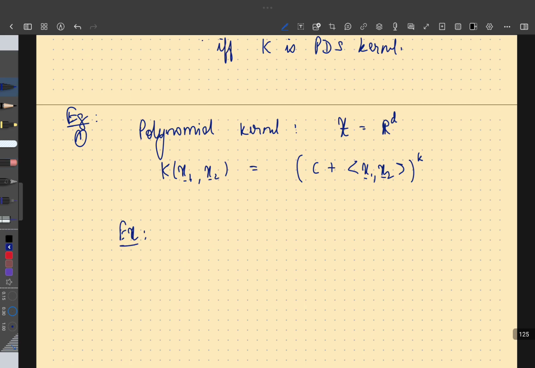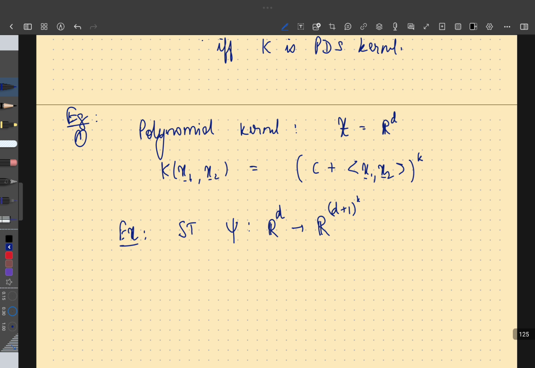Okay, so as an exercise, show that for this particular kernel, psi is a map from R^d to R^(d+1) to the power k.